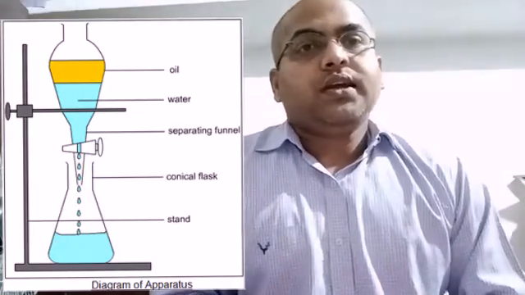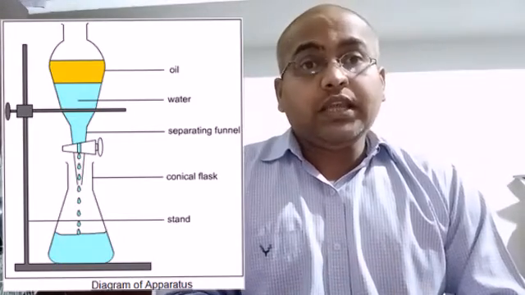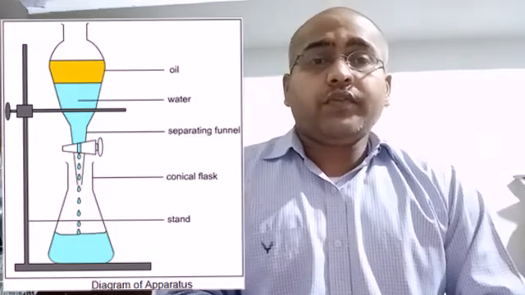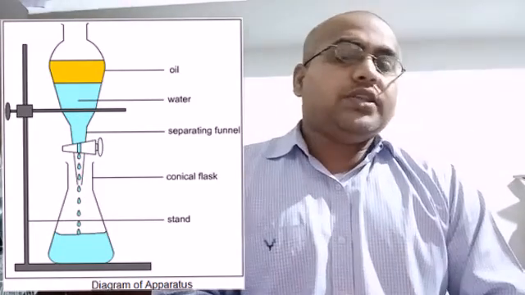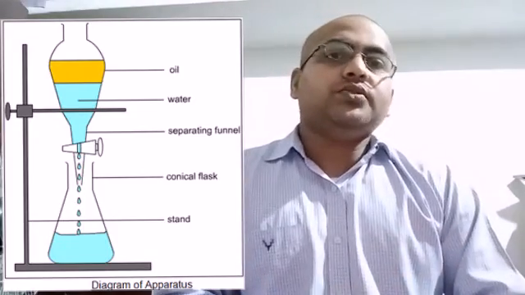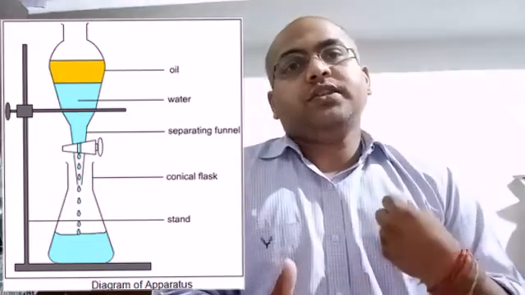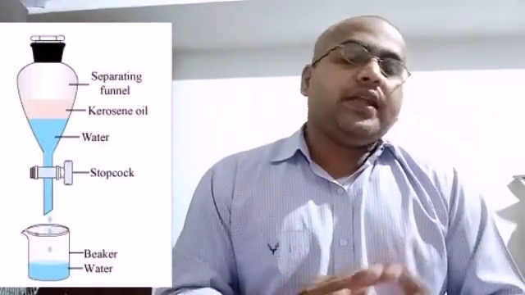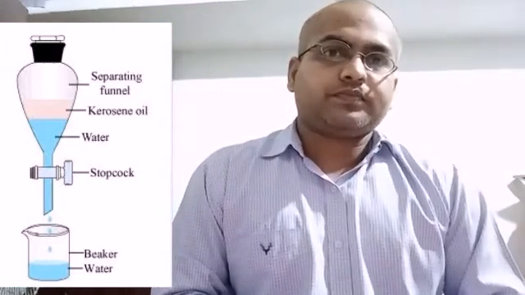But here the two ingredients of the mixture are liquid, only liquid, and for this separation of liquids we use a separating funnel. We just follow the process and gradually we get the heavier liquid at the bottom layer and the lighter liquid at the upper layer, and we are able to separate these liquids with the help of the separating funnel.